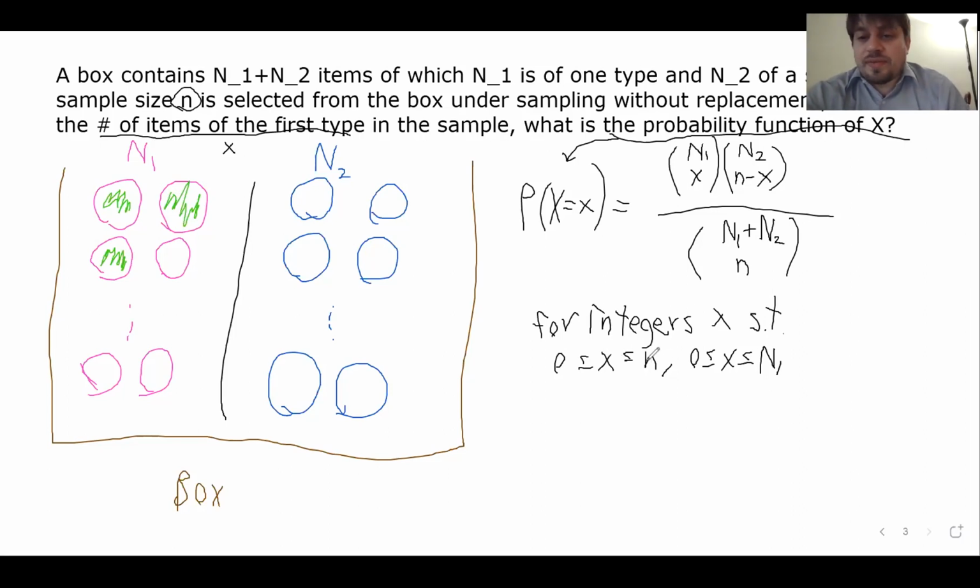It's technically 3 inequalities, because we're repeating x greater than or equal to 0 twice, so there are 3 different inequalities here. Okay, and so we have these restrictions. Under these restrictions, you have this hypergeometric distribution. Questions?